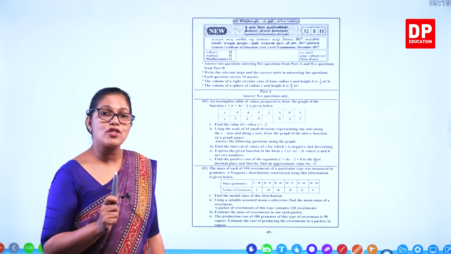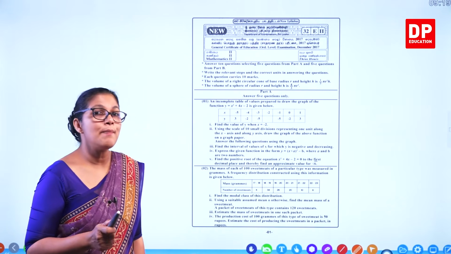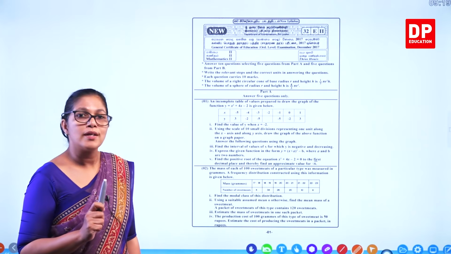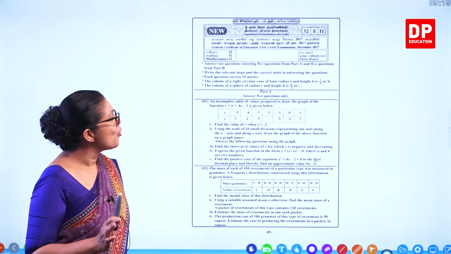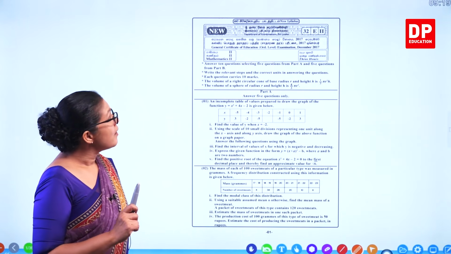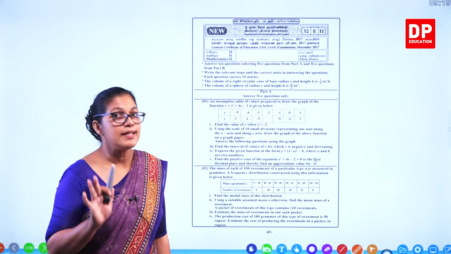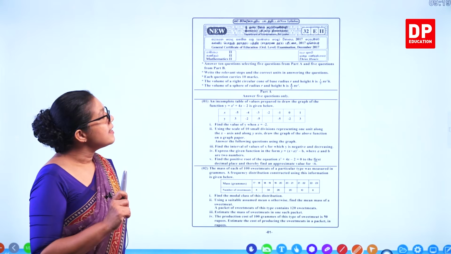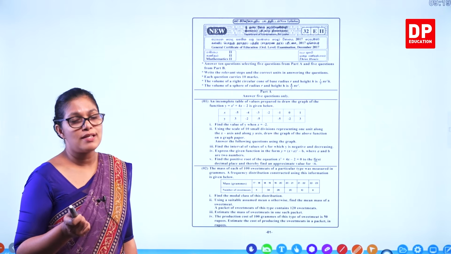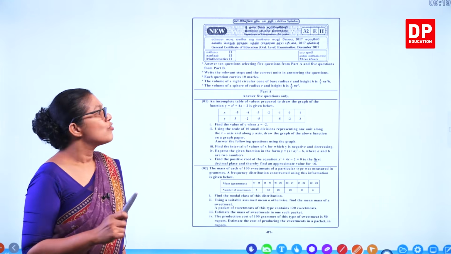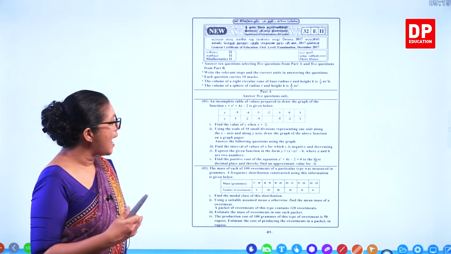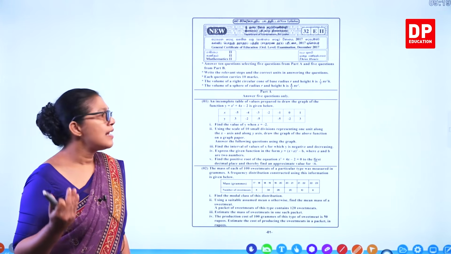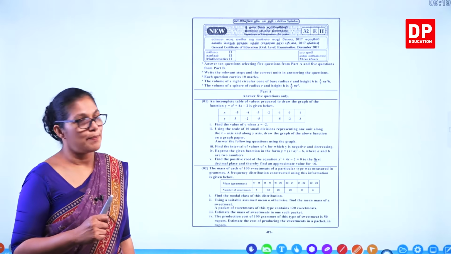For each question you can spend 18 minutes, and each question is worth 10 marks in both parts. Also you get 10 minutes additional reading time, and you can select the questions during that time. So make sure that you read and mark 5 questions in part A and 5 questions in part B.